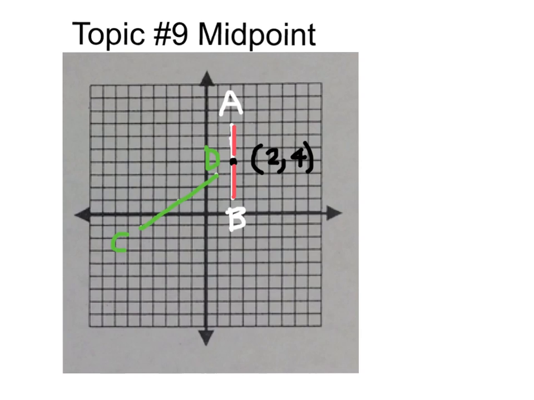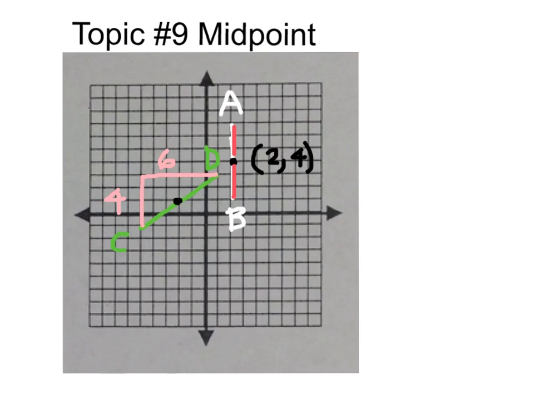To find the midpoint of a diagonal segment, sometimes it's as easy as just taking a look at the segment and finding the midway point, the halfway point. To justify that you have the right midpoint, you can use slope. The slope of this green segment is up 4 over 6.